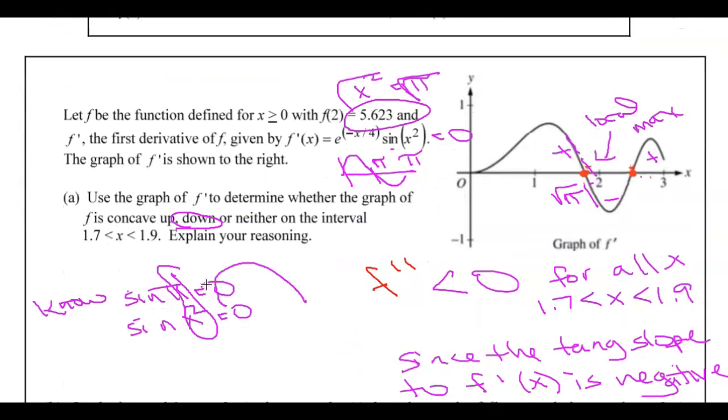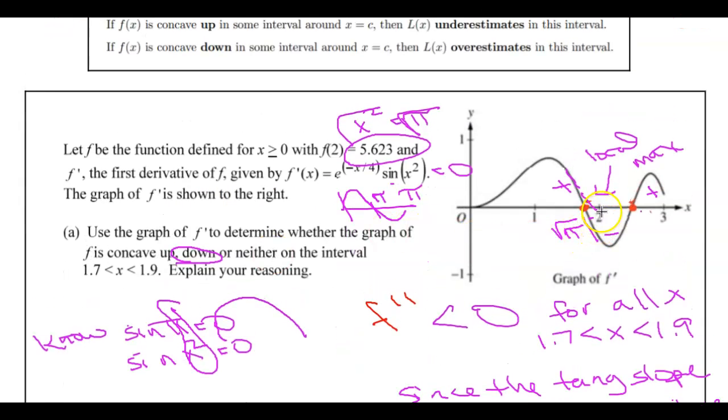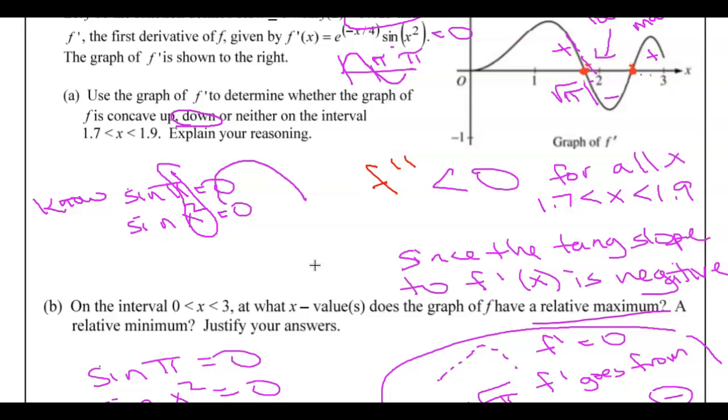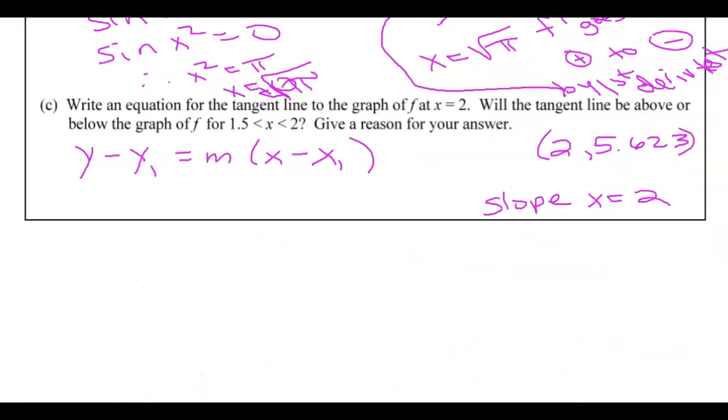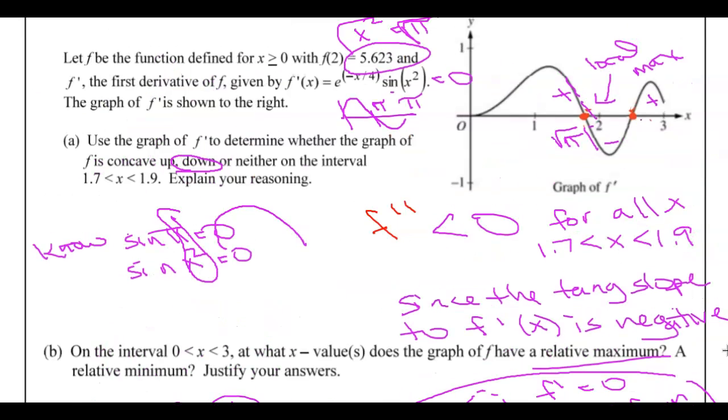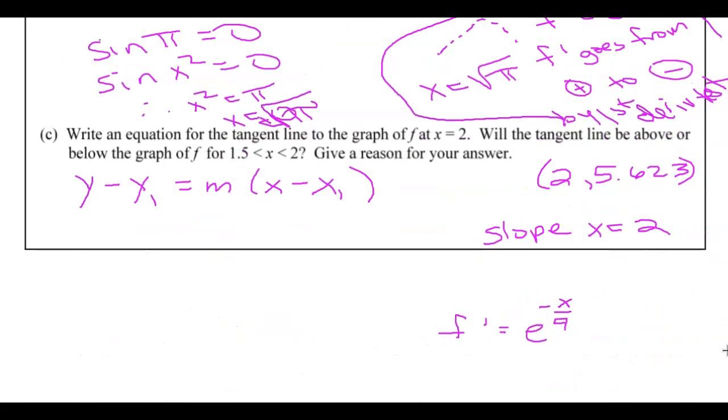So when x equals 2, I don't have it, but I can plug that in. I'm going to write e to the negative x over 4, times sine of x squared.